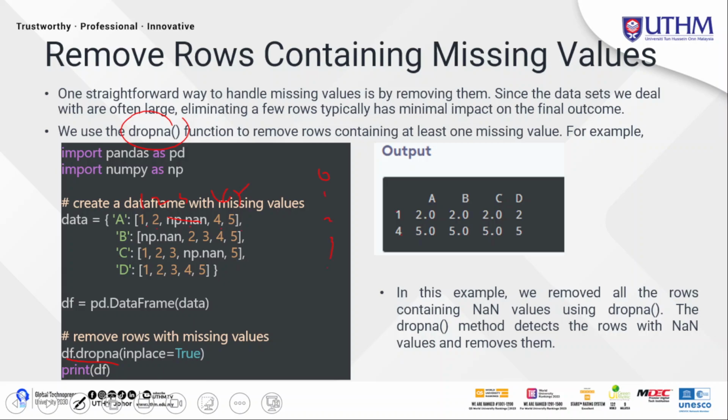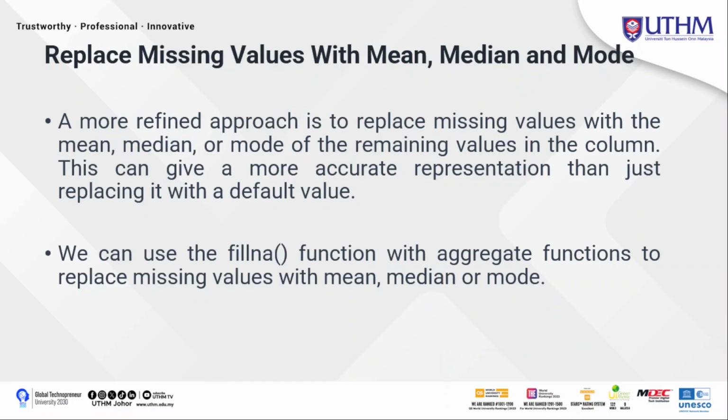Index 0 is deleted, 2 is deleted, 3 is deleted. So the left are 1 and 4. So in this example, we remove all the rows containing not a number values by using the dropna method. How to replace the missing values with mean?